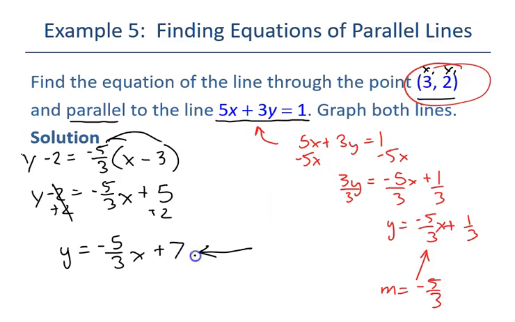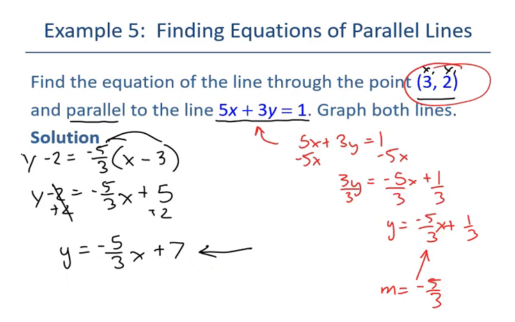Using this point, this is going to be a totally different equation, but this line right here will be parallel to this line. And if we look very carefully here, notice this line has a y-intercept of (0, 1/3). This one has (0, 7).